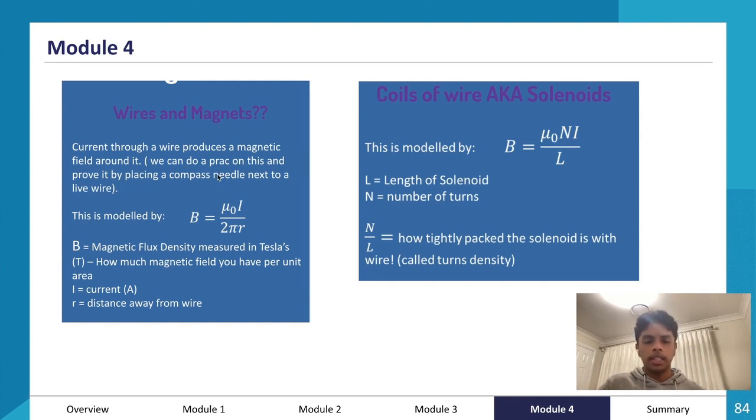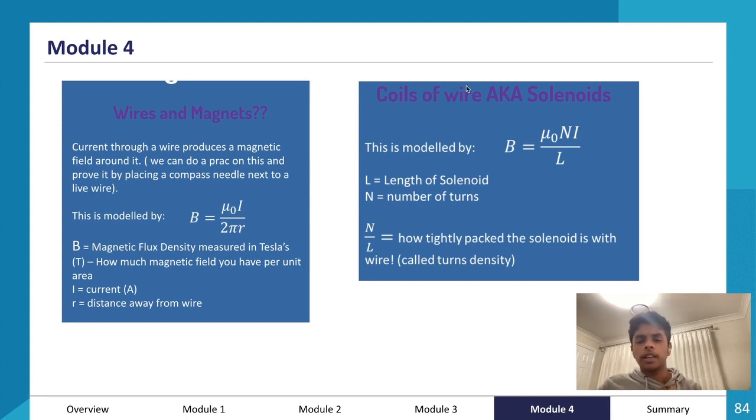We do a prac on this later in school. So B is equal to mu-naught I divided by 2 pi r, where mu-naught is a constant, I is the current running through the wire, and r is the distance we are away from the wire.